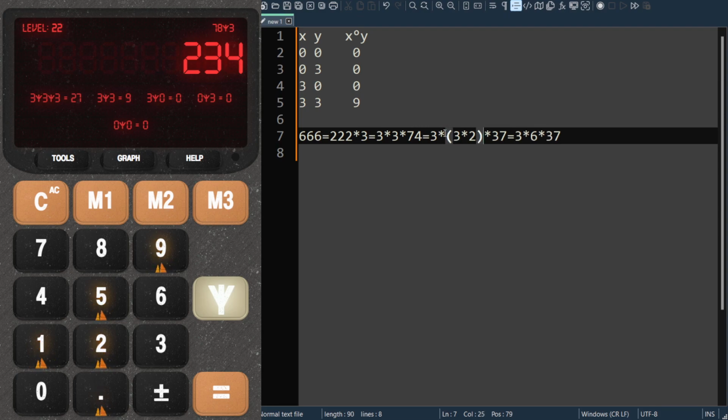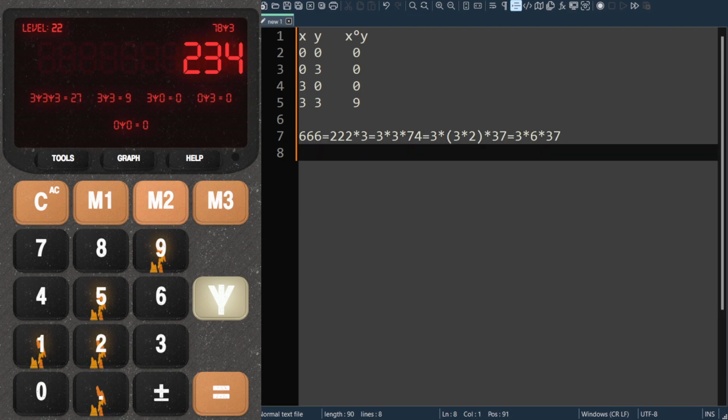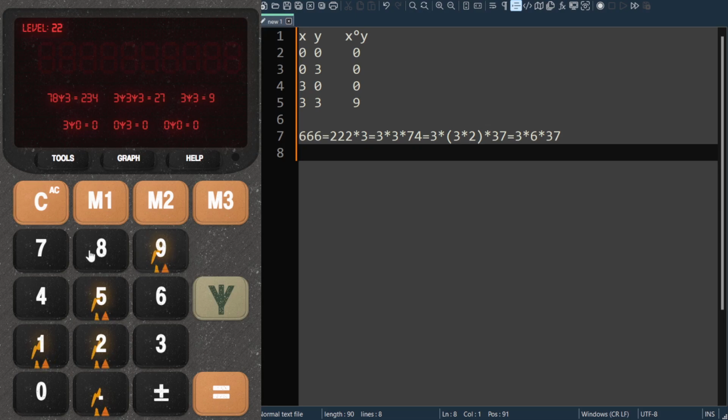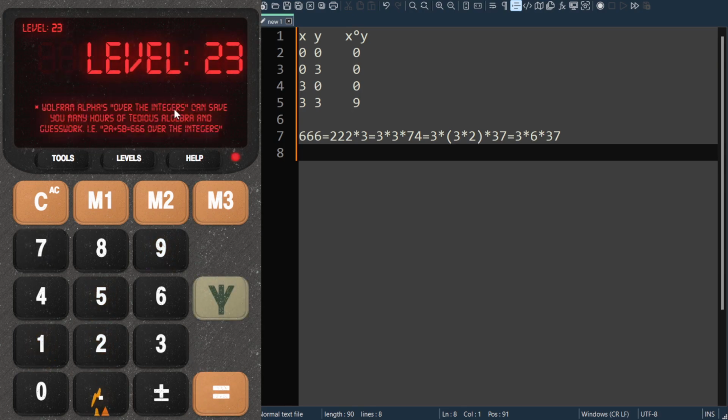Multiplication in real numbers is associative, so you can just put parentheses wherever you want to, as long as you close them. And let's just go for 3 psi 6 psi 37. Let's not call it psi, maybe, because I think the microphone doesn't like that. What number do we want to call that?